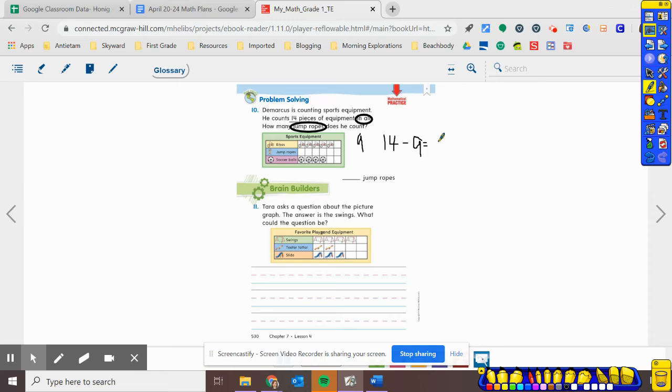Okay, let's see how you did. We're going to count back. I'm going to hold up my fist and say 14, and then I'm going to count back 9. Here we go. 14, 13, 12, 11, 10, 9, 8, 7, 6, 5. Okay, so now that I know I have 5 jump ropes, what I need to do is come in here and draw 5 jump ropes.